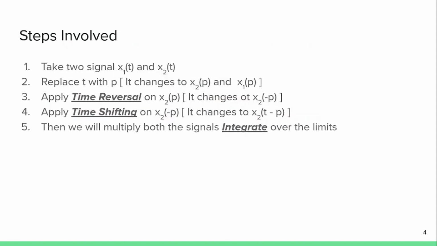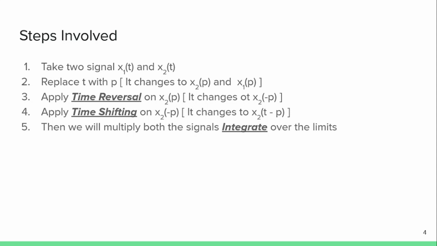Now let us understand the different steps involved in calculation of convolution of two signals. Consider two signals x1 of t and x2 of t. In case of finding the output of an LTI or LSI system, one signal will be the impulse response of the system and the other will be the input signal. In the second step, change the independent variables in both the signals just for the sake of clarity.